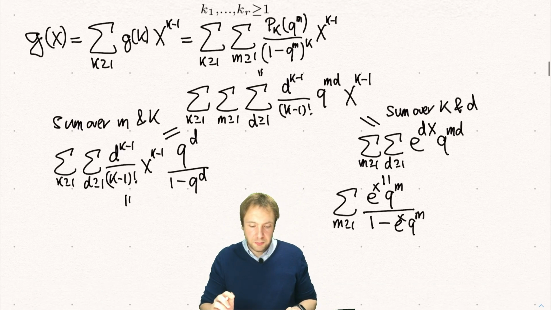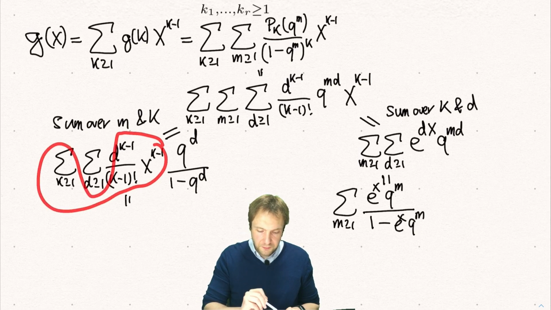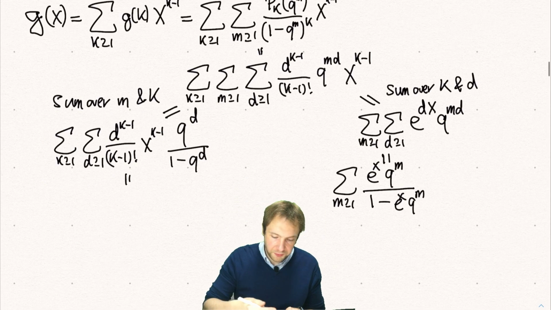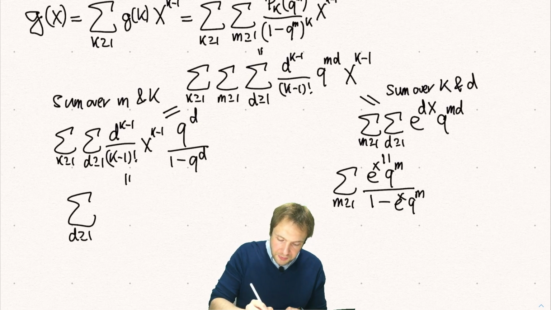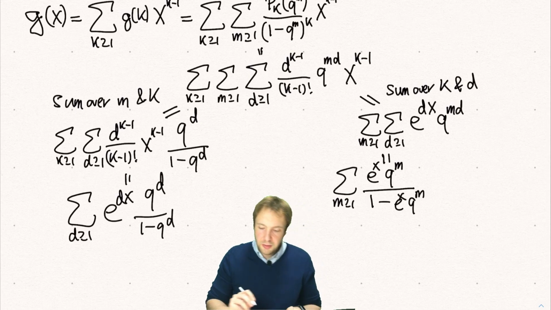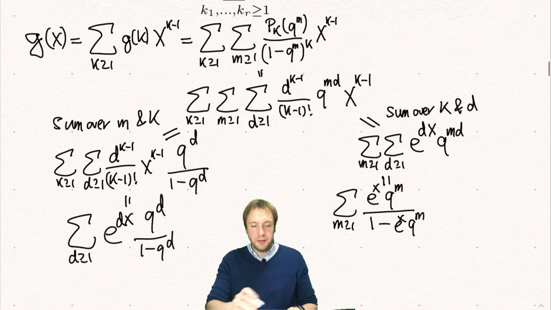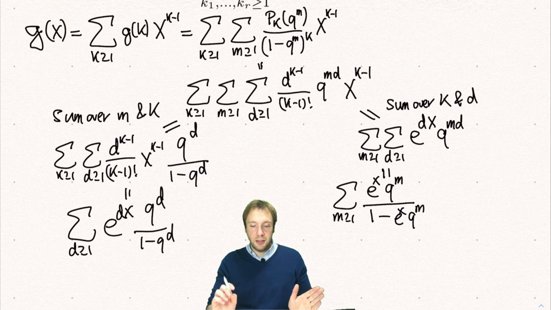Now taking the sum over k, well, I could also take first the sum over k and then the other way, but so d is greater equal to 1, and here I have e to the dx q to the d over 1 minus q to the d. So this is another way to write the generating series of this g in the case r equals 1.